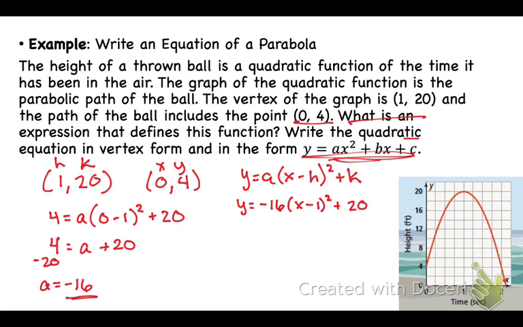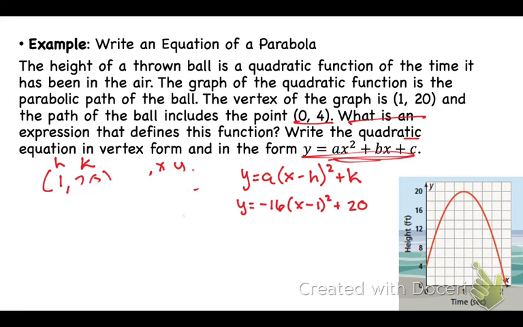Now, this is where it gets kind of just annoying, not hard. So it wants it in standard form, correct? So that means I have to multiply that out. That's x minus 1 times x minus 1. Did we just do that this week?